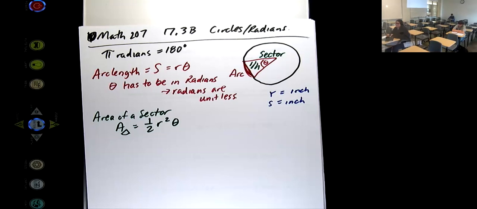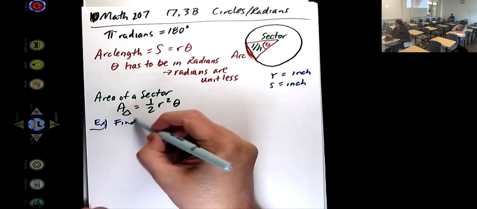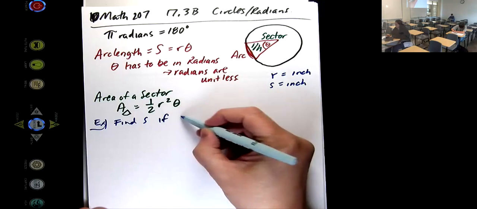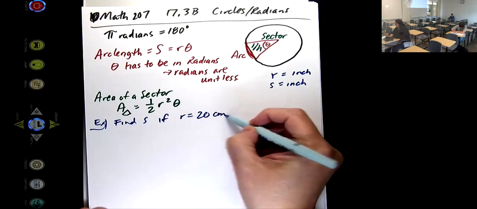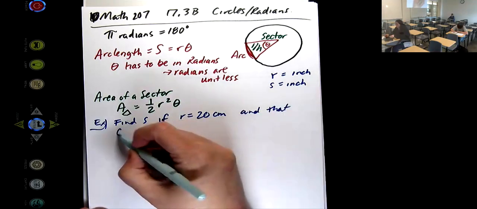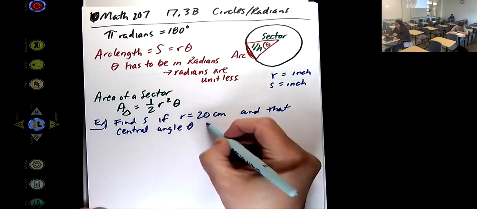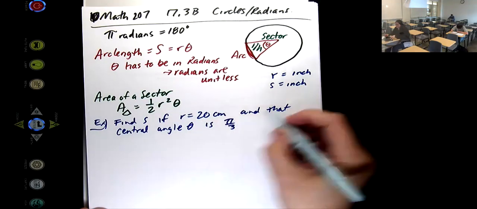Let's just look at an example. Let's find S. If R is 20 centimeters and that central angle theta is pi over 3 radians.